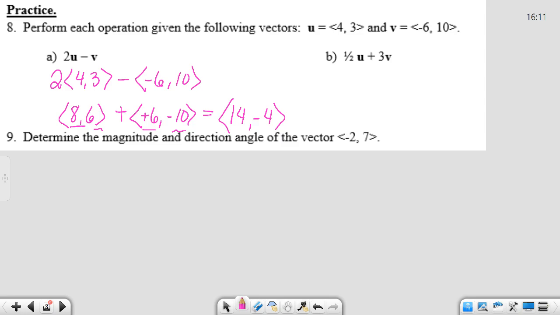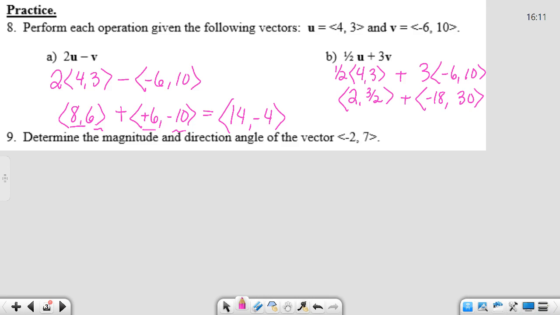For example B, we're going to take half of u plus 3 times v. So scalar multiplier, half of u would give us 2 and then 3 halves, plus 3 times vector v will give us a negative 18 and 30.